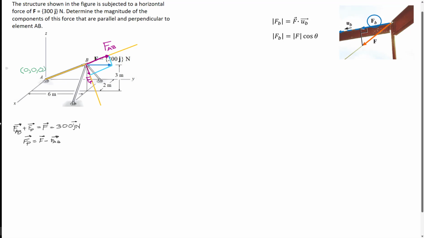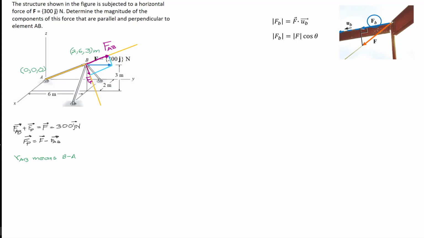And for B, my coordinates are 2 meters on x, 6 meters, and 3 meters. Everyone is positive. We know that if my position vector goes from A to B, it means B minus A. So B minus A is 2 minus 0, 6 minus 0, and 3 minus 0.